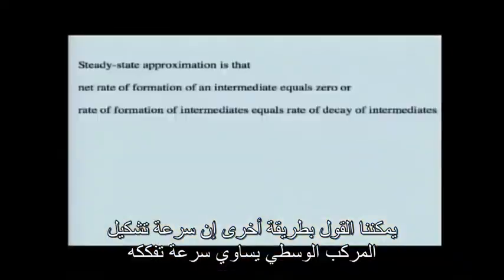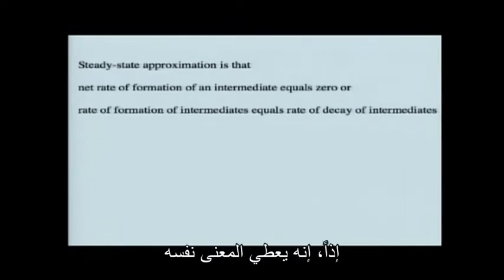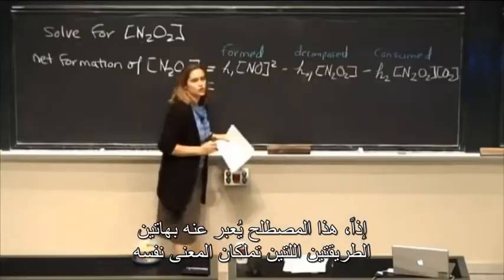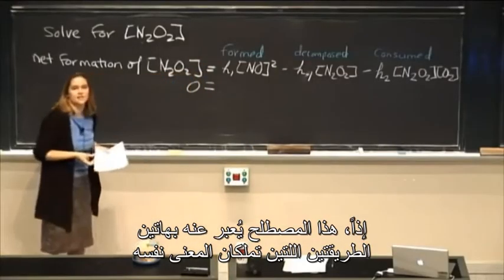Another way to say it is that the rate of formation of the intermediate equals the rate of decay. So that's saying the same thing, that this term is going to be equal to those 2 terms.